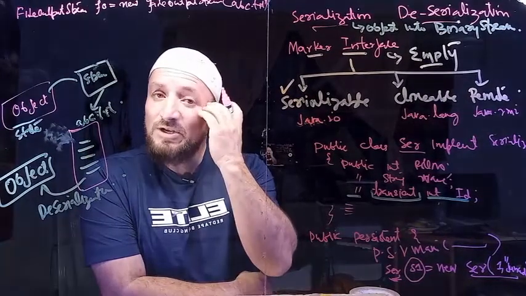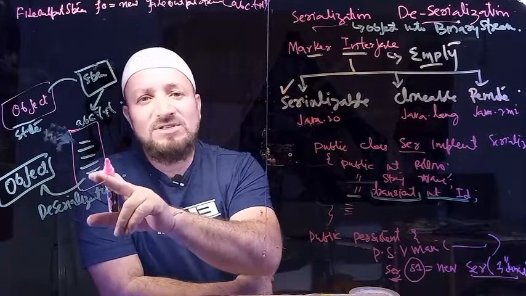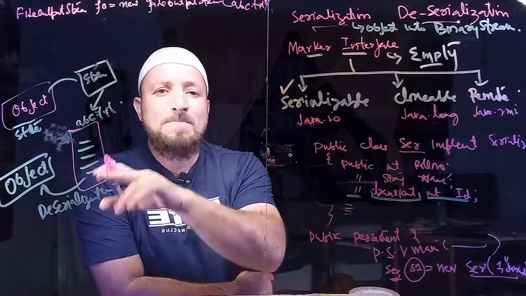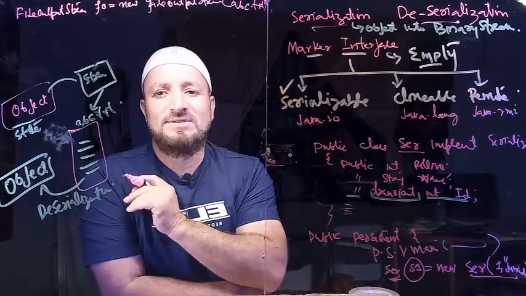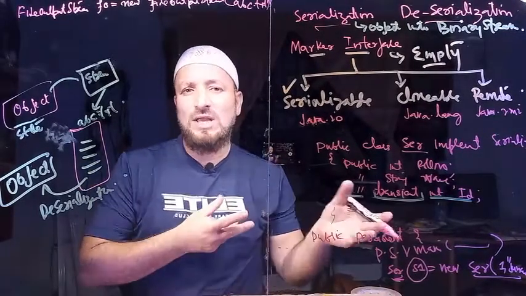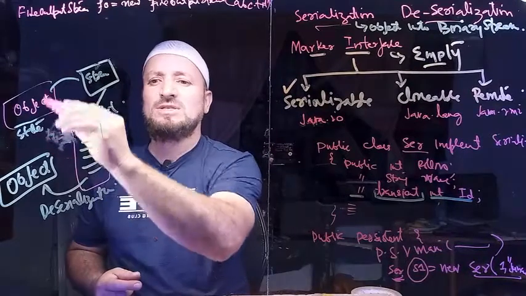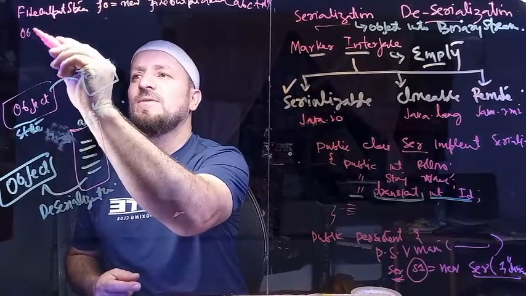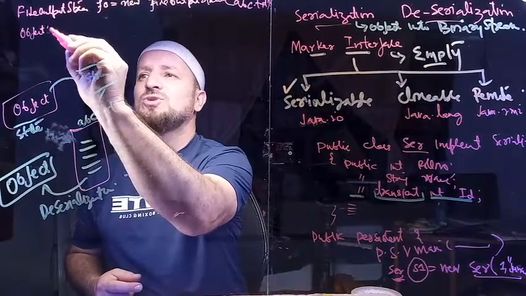But the second thing I need to do is prepare this file to receive the objects. If you want to write objects into it, I have what is called an ObjectOutputStream.